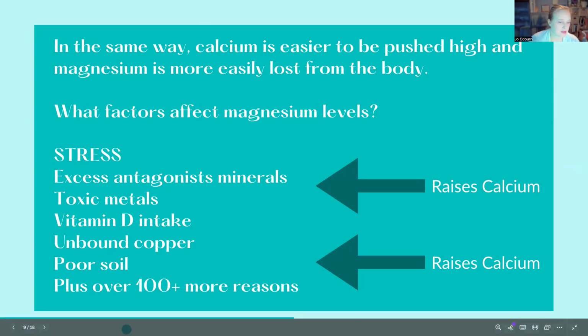So let me stop sharing my screen and show you. Let me see if I can find those clients that have the calcium shells. I have a couple.